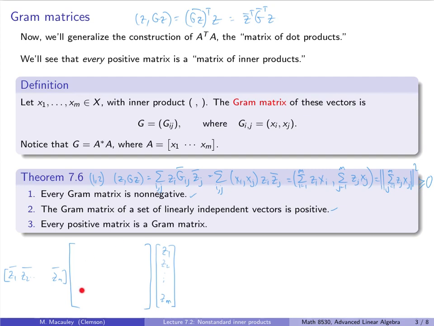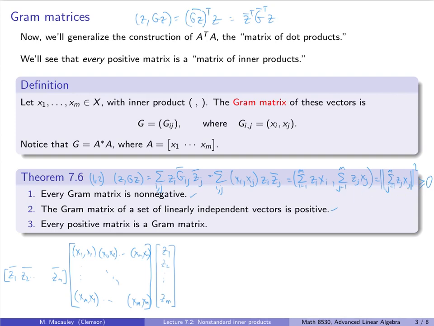And then the entries here are of the form x1, x1, x1, x2 up to xm, xm. And down here we have xm, x1 all the way up to xm, xm. So we have this matrix, and it's not clear how to get this norm squared from it. So what I'm going to do is start here and work backwards and kind of meet in the middle.